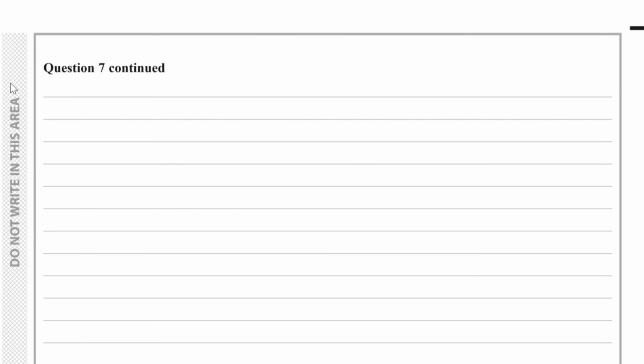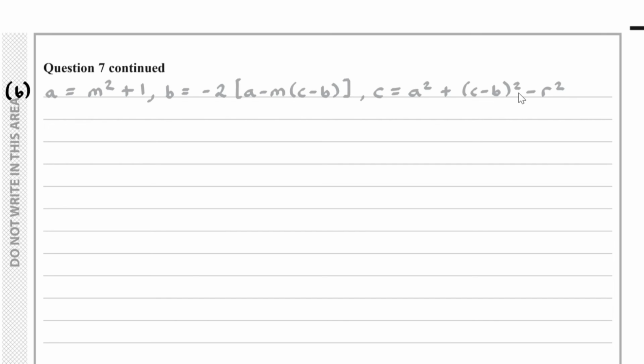If we were to use the discriminant, first of all, we have a, which is equal to m squared plus 1, b, which is equal to minus 2 multiplied by a minus m times by c minus b, and then I've got c, which is equal to a squared plus c minus b squared minus r squared.